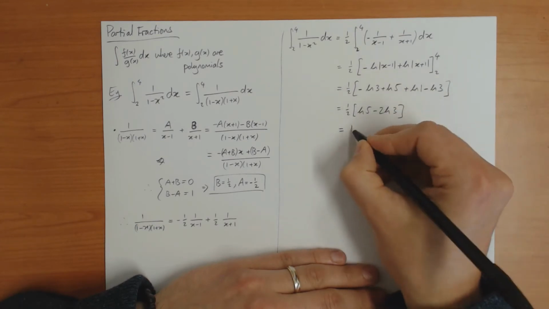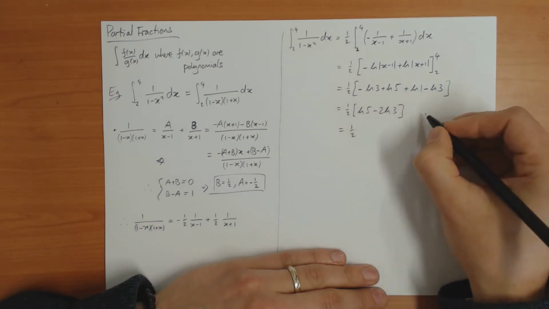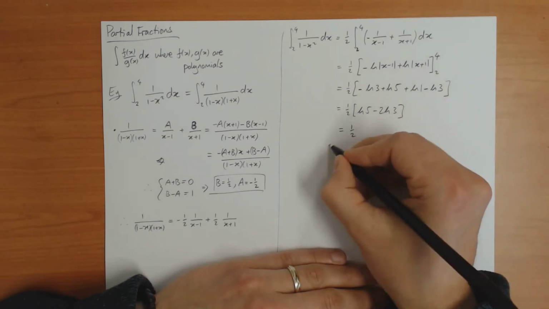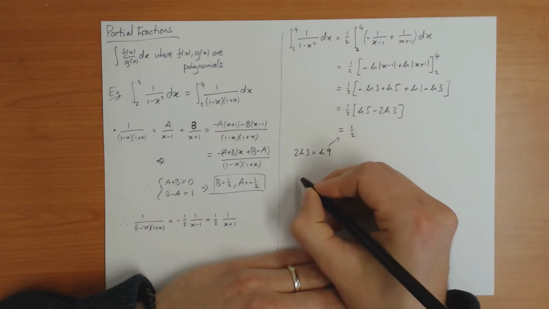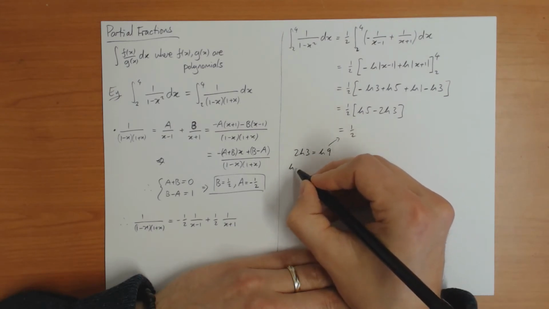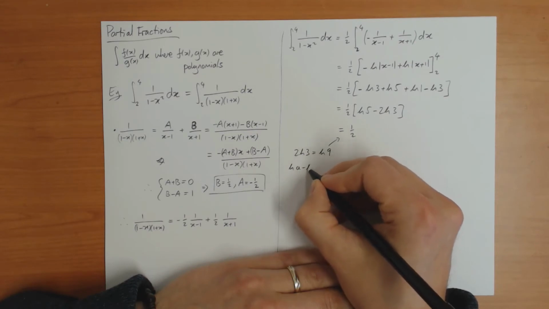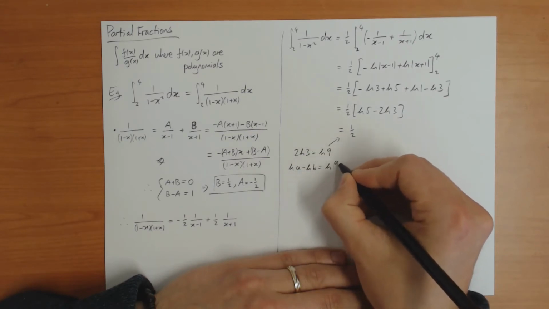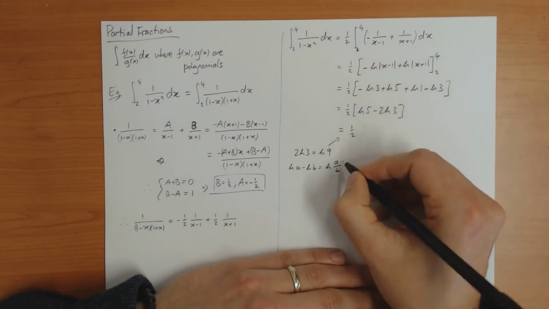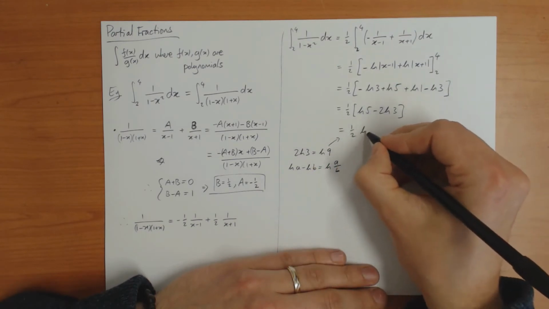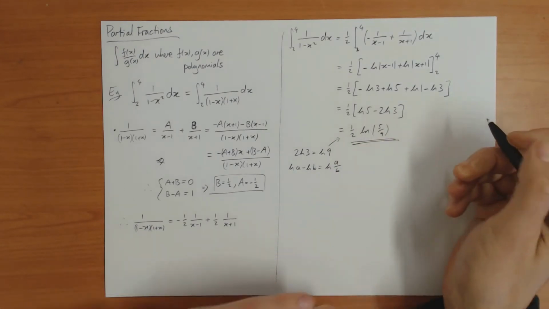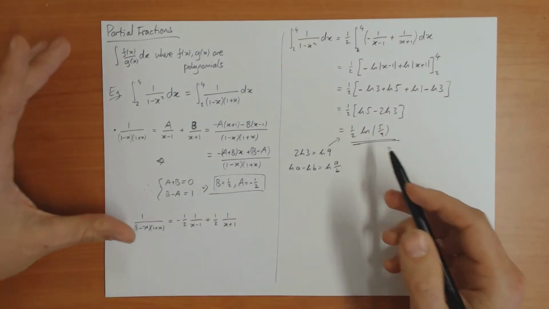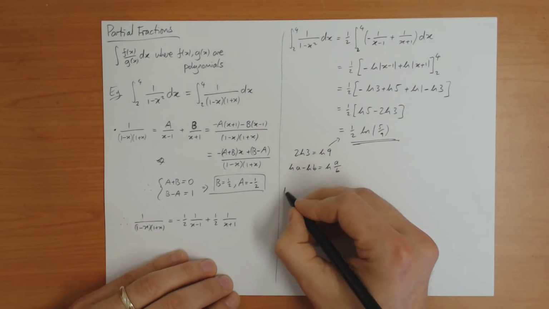I like to write this in terms of a single log, so you can use the fact that 2 log 3 is equal to log 9, and log of something minus log of something else is equal to the log of a over b. Putting these together, this gives you a half log of 5 over 9. That shows you how the partial fractions method works.